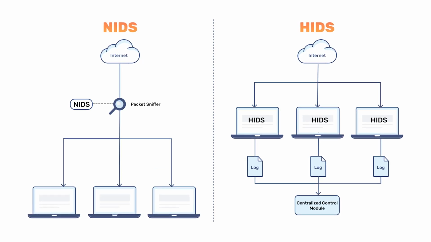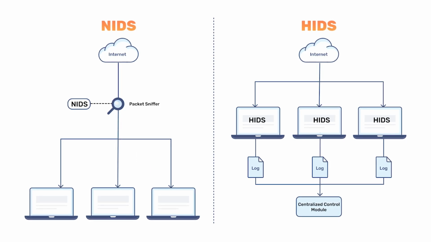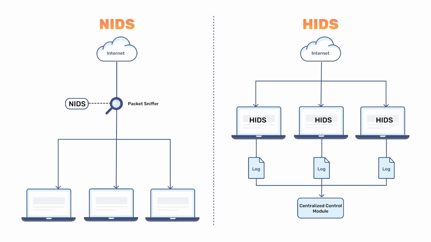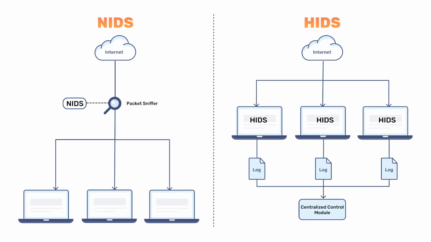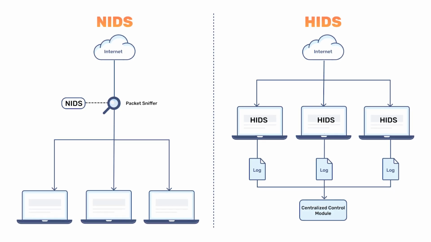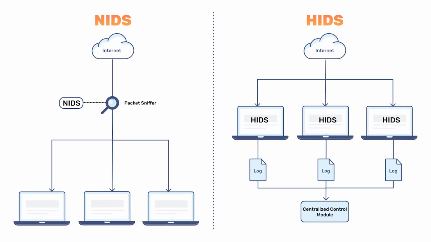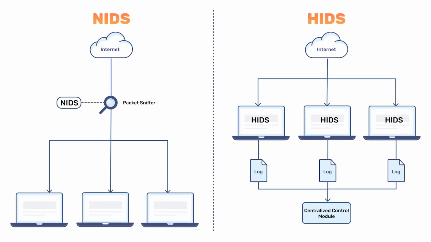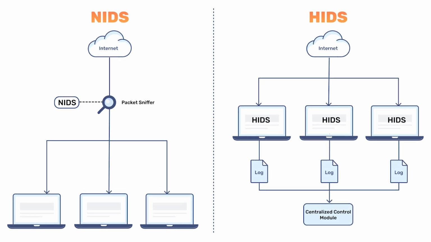A network intrusion detection system, or NIDS, detects threats to the network using sensors, collectors, and aggregators to monitor and analyze network traffic for malicious activity. A host-based intrusion detection system, or HIDS, detects threats to a host by monitoring and analyzing the host's running processes and network traffic to and from the host. It also examines the host's log files.